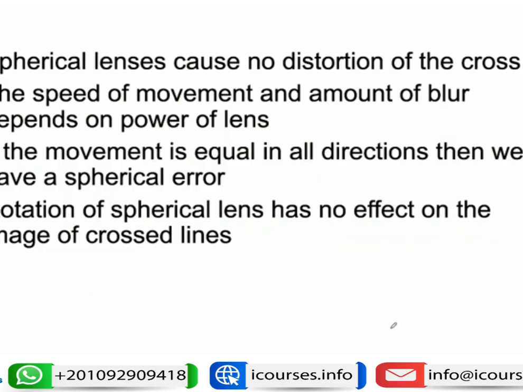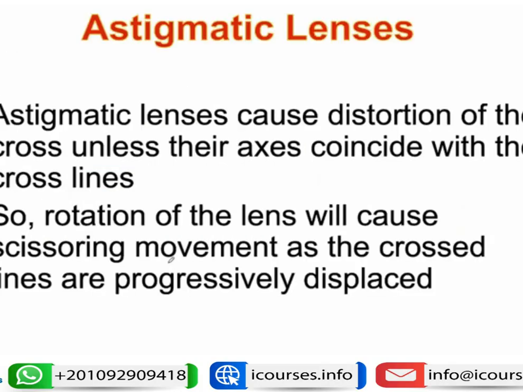And the speed of movement and the amount of blurring will depend mainly on the power of the lens. And if it is a spherical error only, then the speed of movement will be the same in all directions of the lens. And if you have rotation of the lens, it has no effect on the image of the cross lines, as there will be no distortion, because this only occurs with the cylindrical lens.